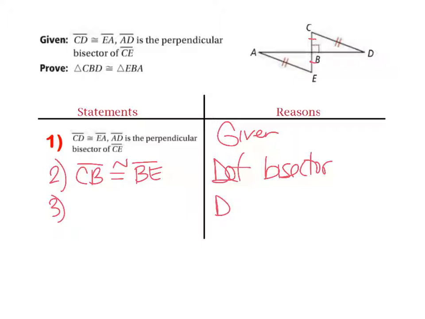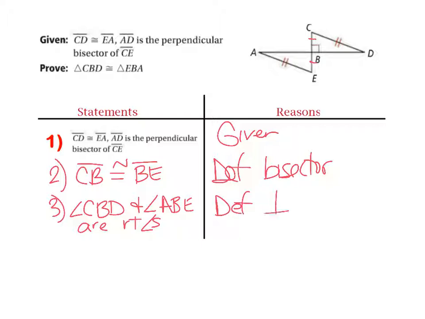Oops, sorry. So I'm going to say angle CBD and angle ABE are right angles. And that's the definition of perpendicular. They intersect at a right angle. Got that? I need it to say right triangle.